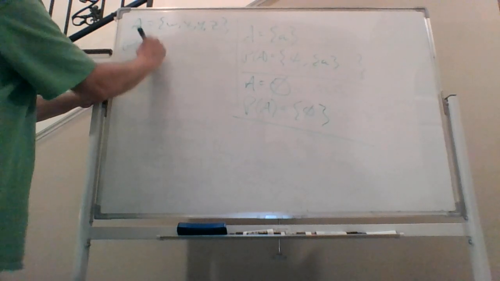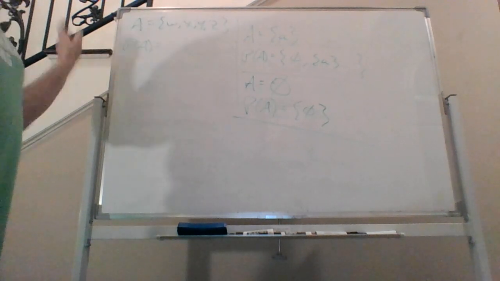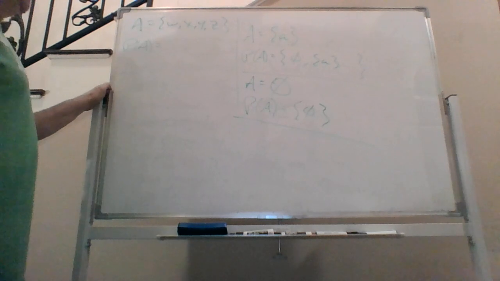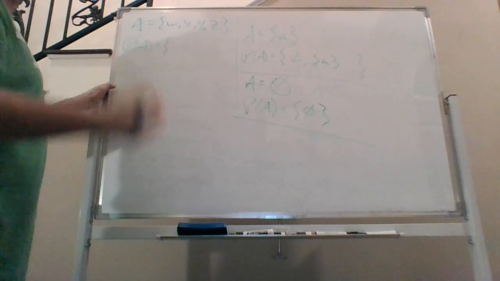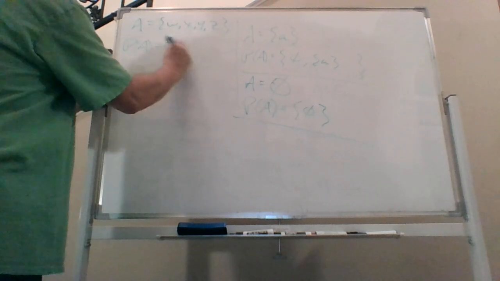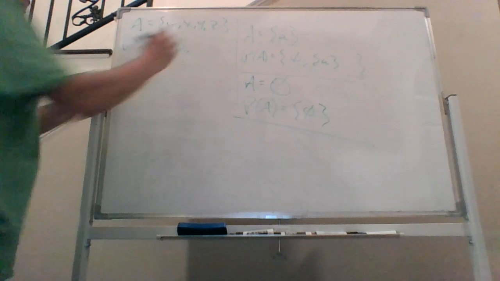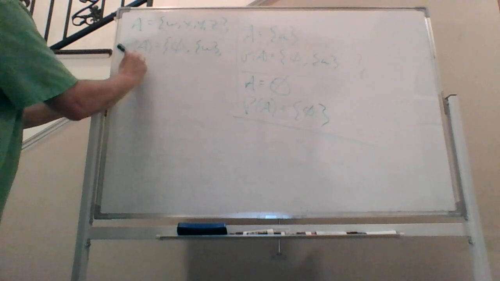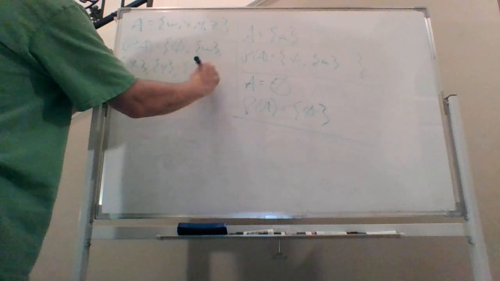So the power set of A, it's the set of all subsets of this set. Now you really want to do this with some sort of strategy. So I usually just say, what are all the subsets with no elements in it? Empty set. What are all the subsets of A with exactly one element? The set with w, the set with x, the set with y, the set with z.